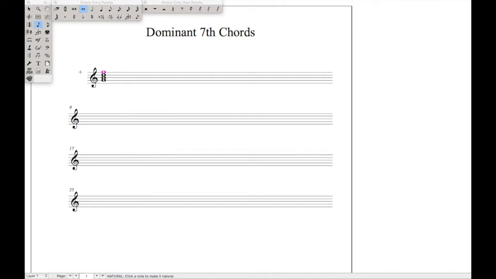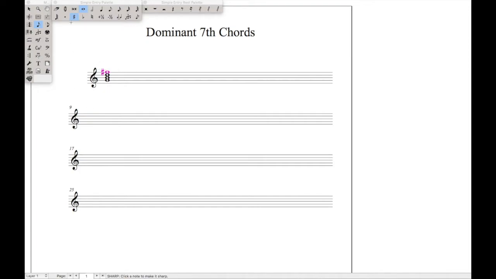G to F natural makes a minor seventh. F sharp would have been a major seventh because that's the kind of F that we would have in the key of G major, right? So the key signature of G major is one sharp, and that sharp is F sharp. So this chord looks like something I might find in G major.